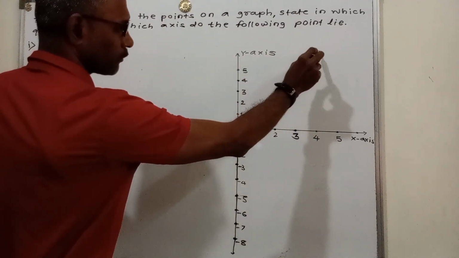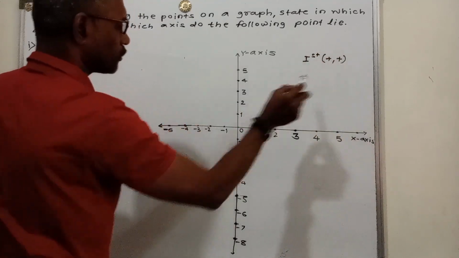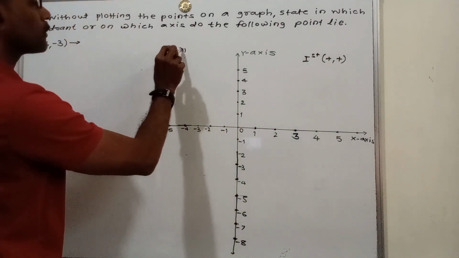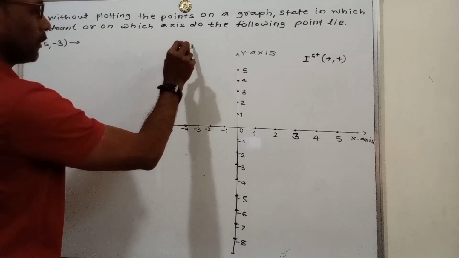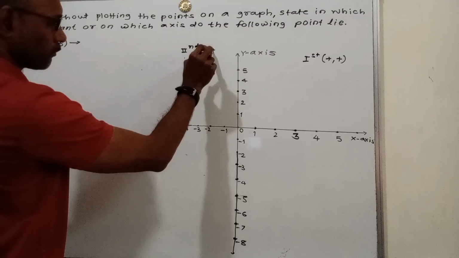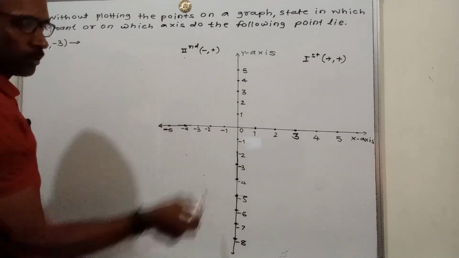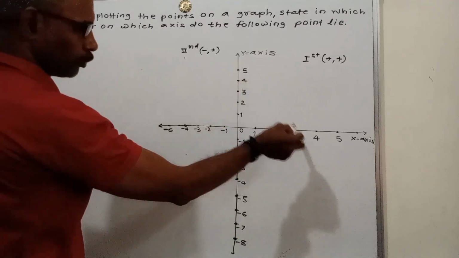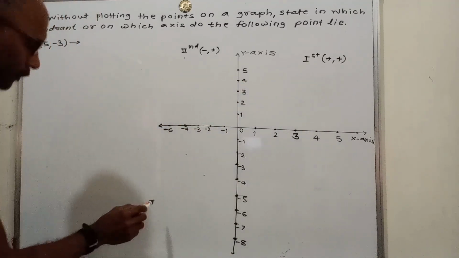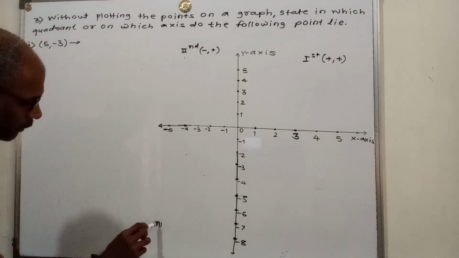Both are positive. This is second. See this, minus, plus. X coordinate negative, y coordinate positive. Here our third quadrant.